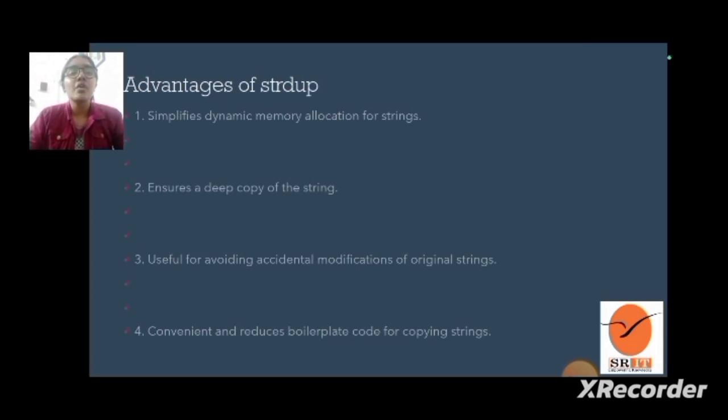And the advantages of strdup are: it simplifies dynamic memory allocation for strings, ensures a deep copy of the string, is useful for avoiding accidental modification of the original string, and is convenient and reduces boilerplate code for copying strings.